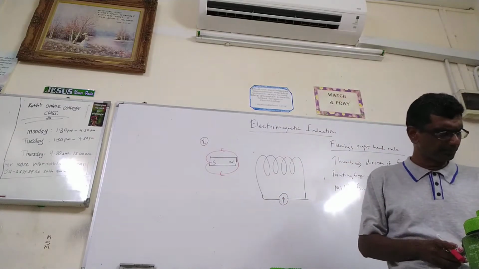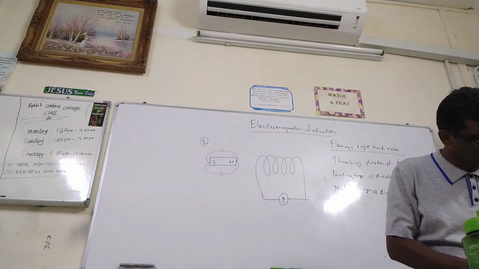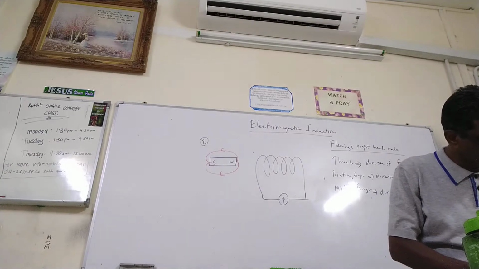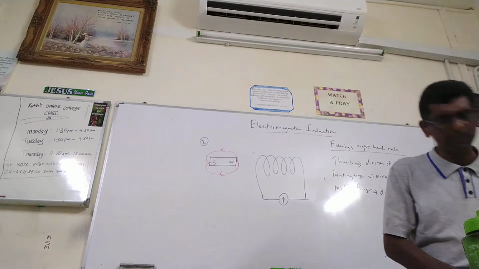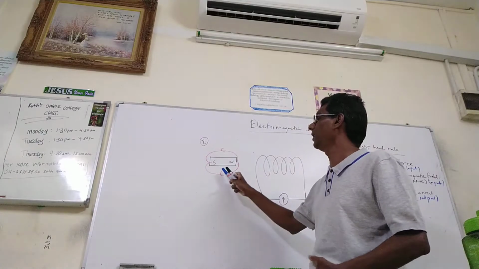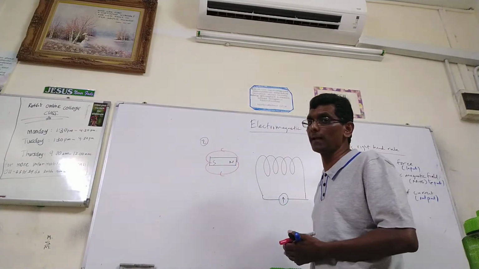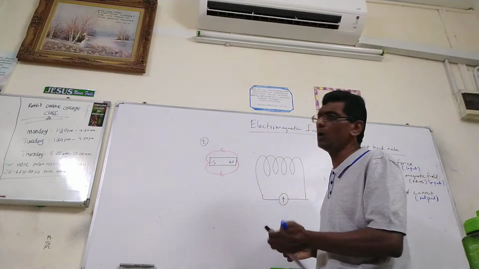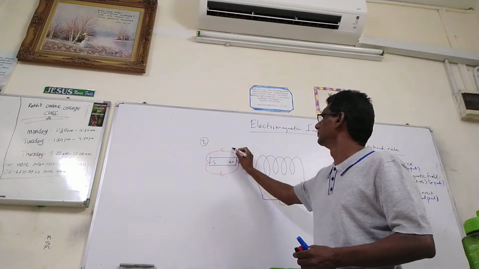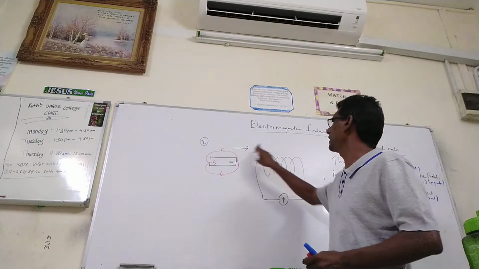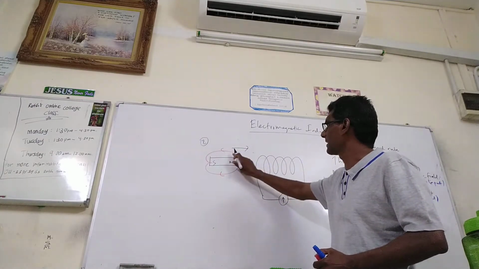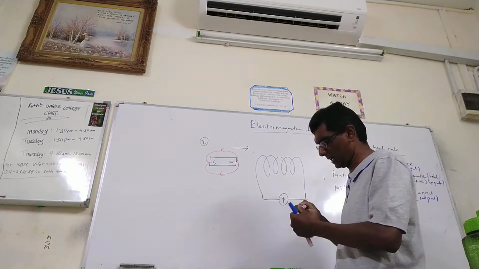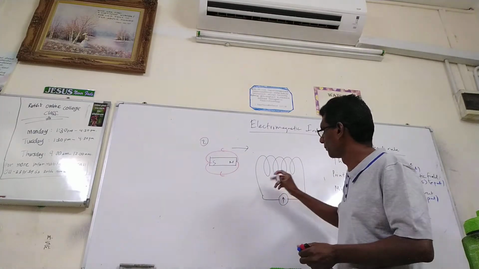We call it changing magnetic flux linkage with the coil. How to do it? You push in the magnet, then the flux will be cut by the coil. That's induced current produced.